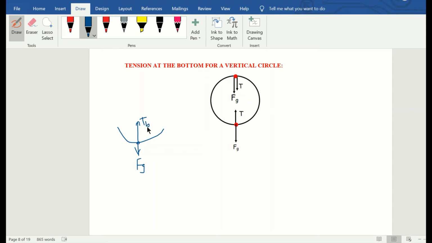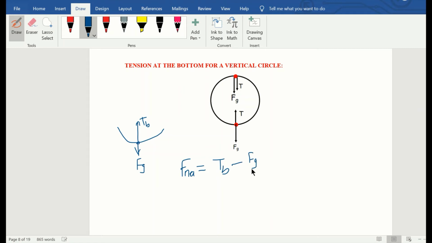So to find the tension at the bottom, we have to find the net force. Let me use N, ET, is equal to, now because the two forces are moving in opposite direction, we have to subtract. So it will be what? The tension at the bottom minus the weight.